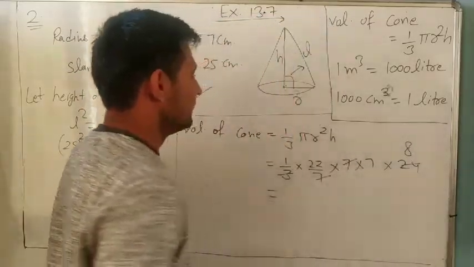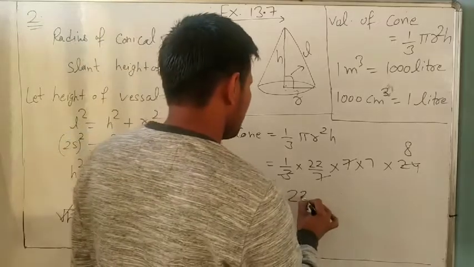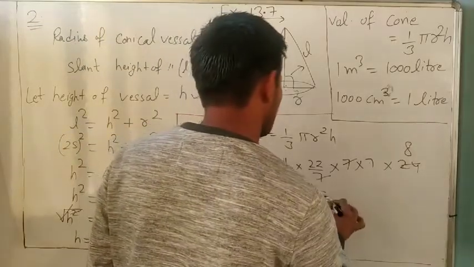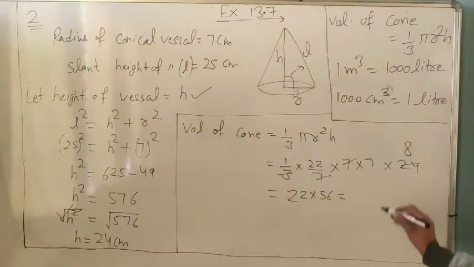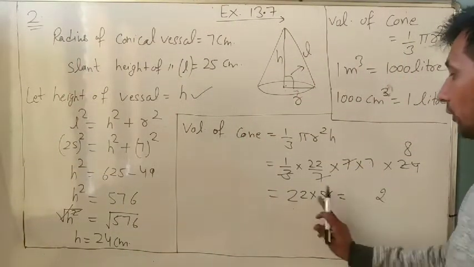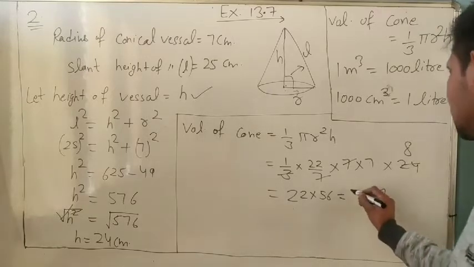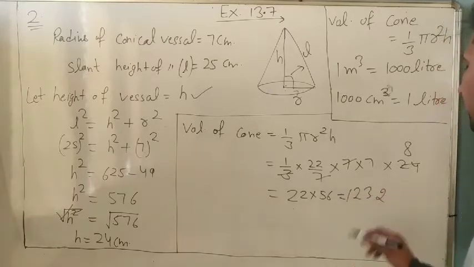So what comes? 8 times 22 times 7 into 8 56. Very important, 22 tables. 22 6 is 132, 22 5 is 110, plus 13, 123.